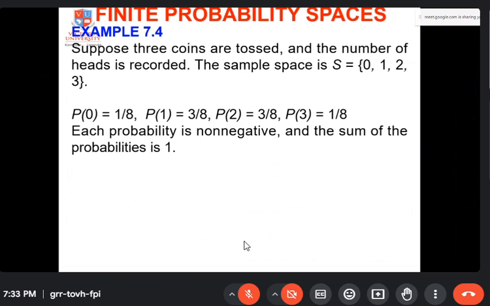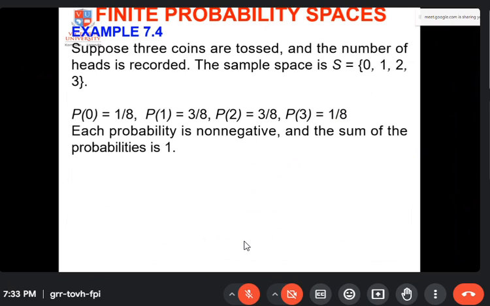So we have those probabilities there. Probability of 0 heads was 1 over 8. Probability of 1 head was 3 over 8. Probability of 2 heads is 3 over 8. Then the probability of 3 heads is 1 over 8. So each of the probabilities is non-negative, like you can see there is none of those probabilities which is less than 0.